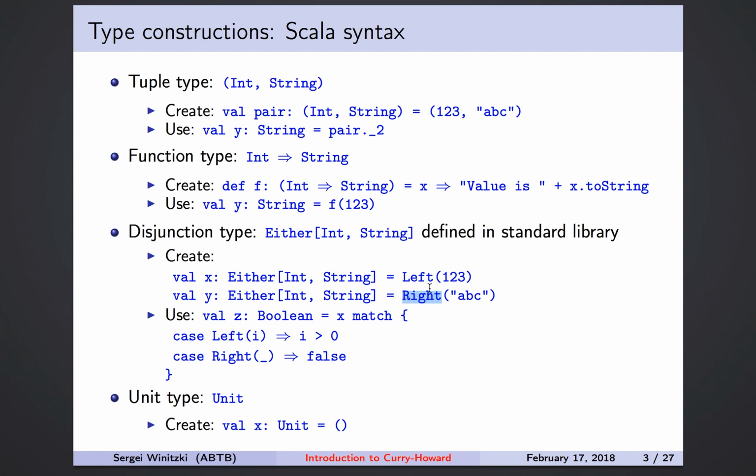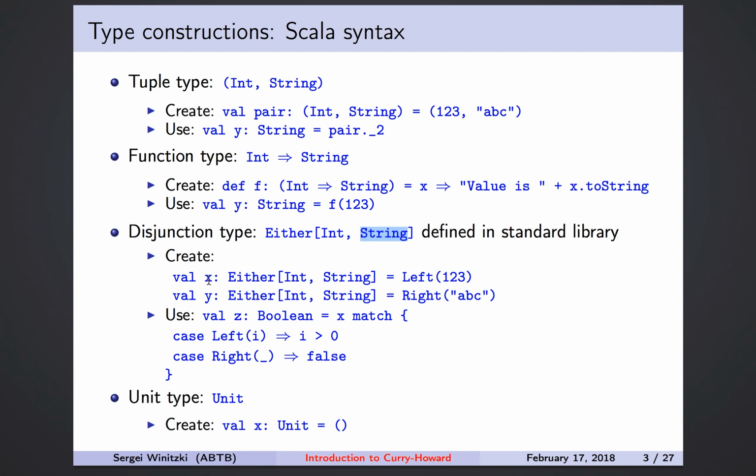So this labeling allows us to distinguish which part of the disjunction it is, and the labels are required. Every time you create a value of this type, you must give the label. And once you give the label, then the value inside this label must be of the right type. So for Left, it's the integer. For Right, it's the string.